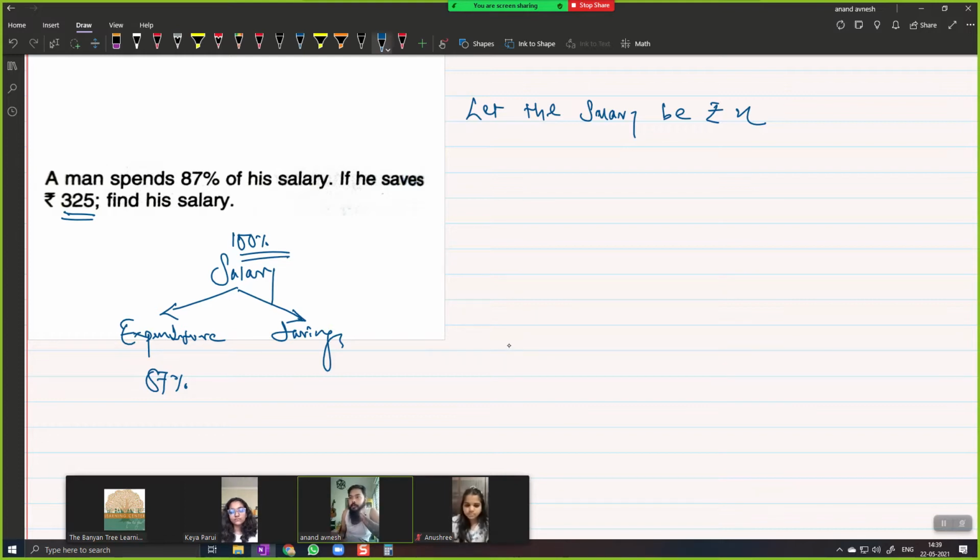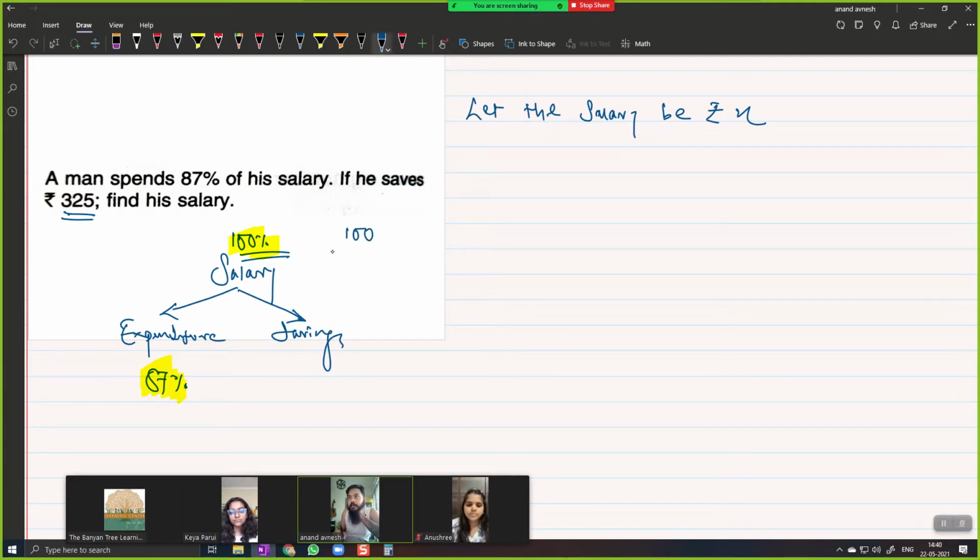How much percent will be the savings? 100% is the salary, out of which 87% is the expenditure. How much will be the saving? You just subtract it from 100.